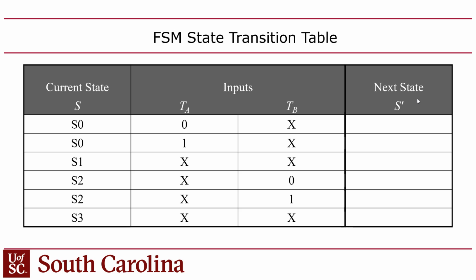Okay, so you can build a finite state machine using a state transition table, which is just a truth table that you're used to from 211. The idea is that you have a column for your current state, and then you have columns for your inputs. And then your output is the next state.